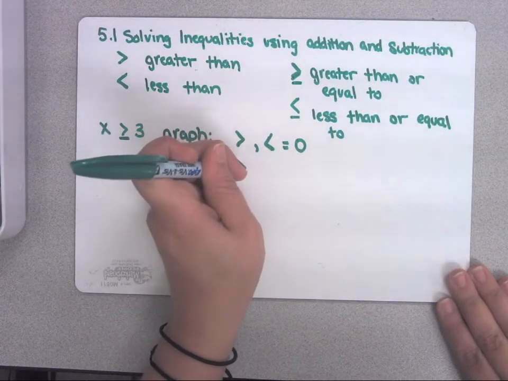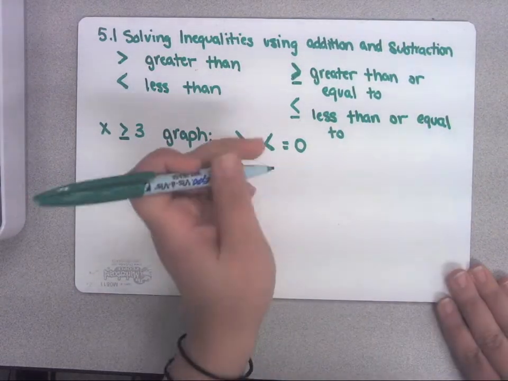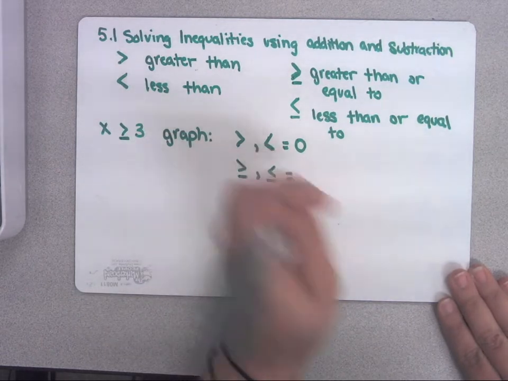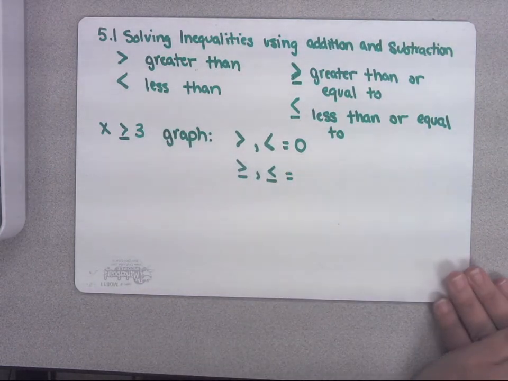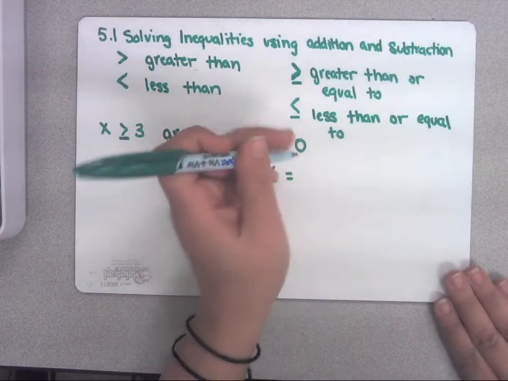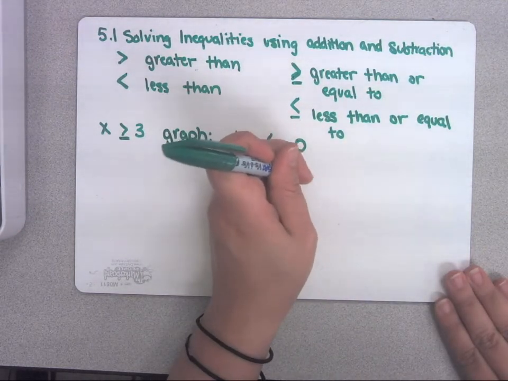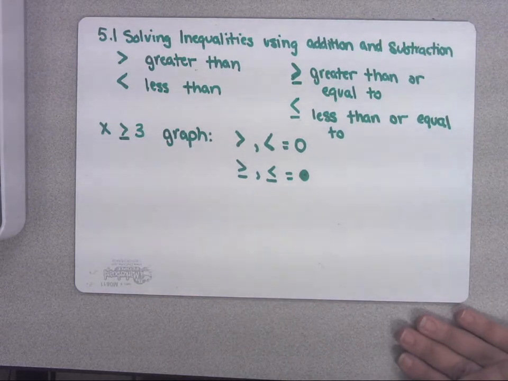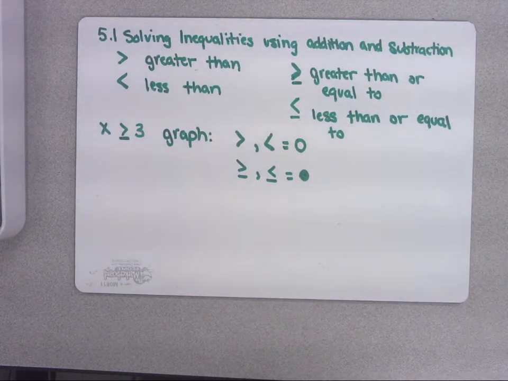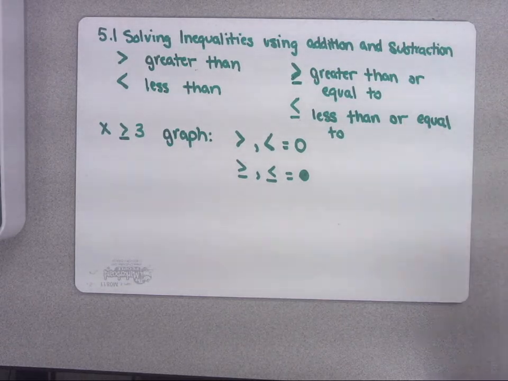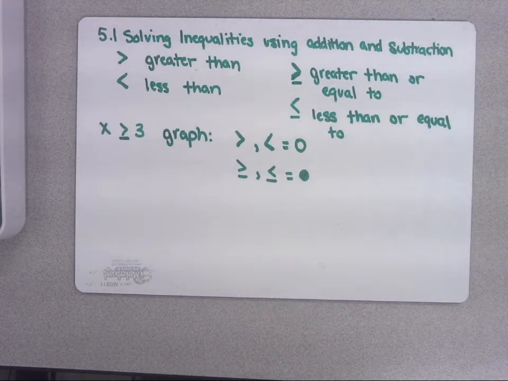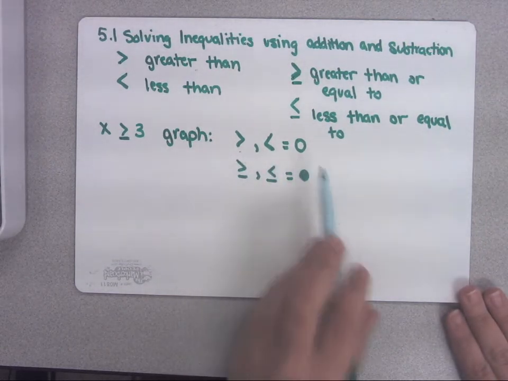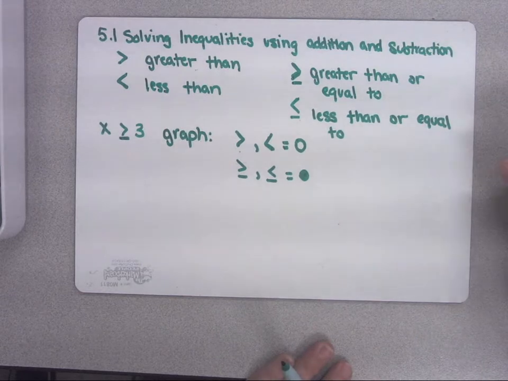So then the greater than or equal to sign and the less than or equal to sign, since they include those numbers, what kind of circle do you think they're going to use? I filled in one. So the equal to ones have a closed circle because we're including that number. We're grabbing it with our hand. Think like an open hand versus a closed hand, grabbing that number. And just greater than or just less than is an open hand because we're starting at that number where we can't include it.